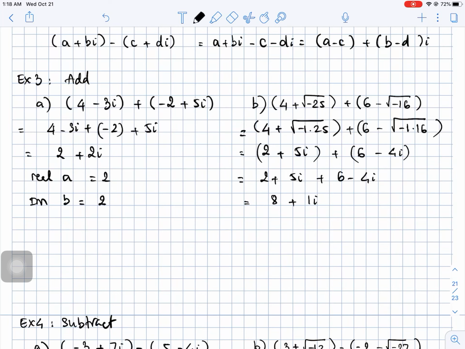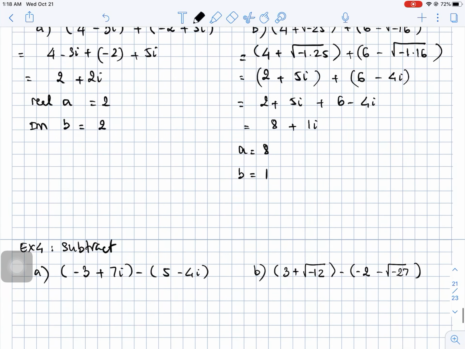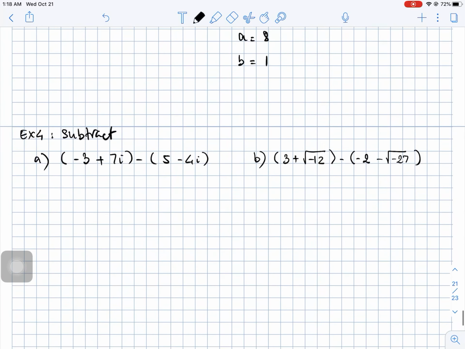Then 2 plus 5i plus 6 minus 4i. We will open the parentheses, and then we combine like terms. 2 and 6 give us 8, and 5i minus 4i is 1i. So the real part is 8 and the imaginary part is 1.